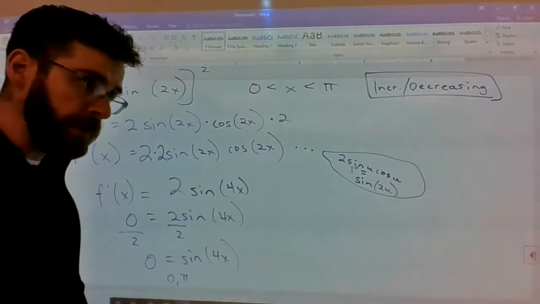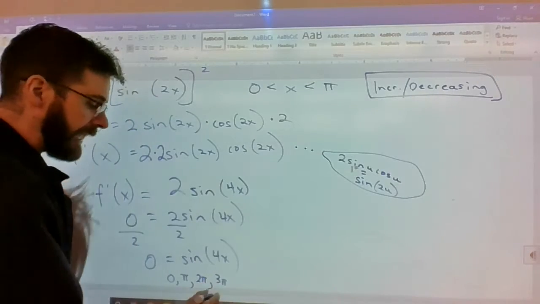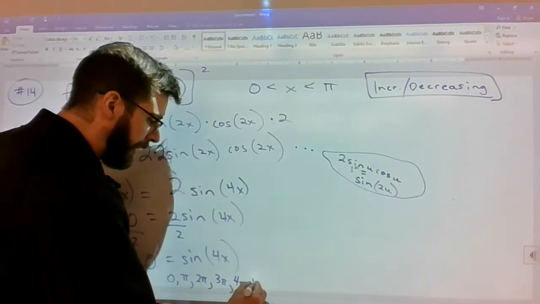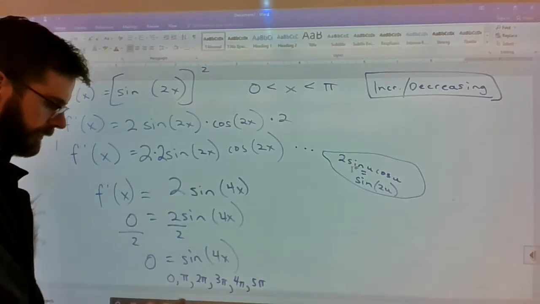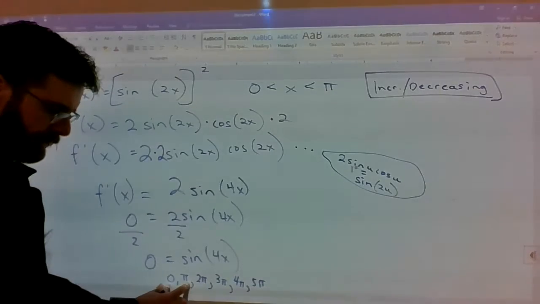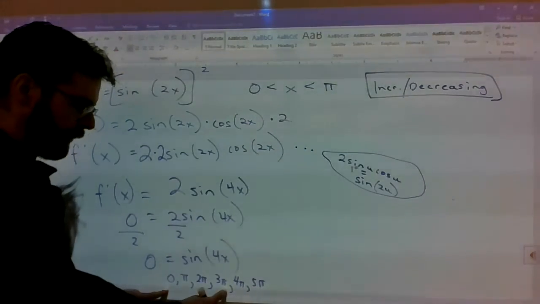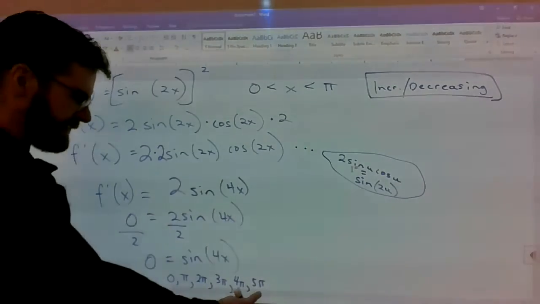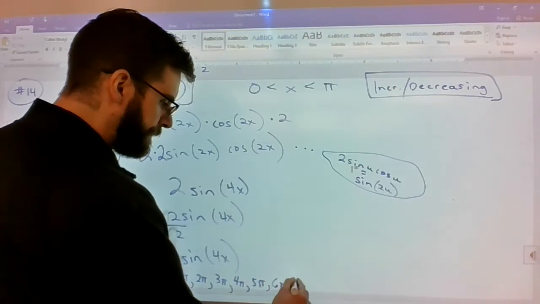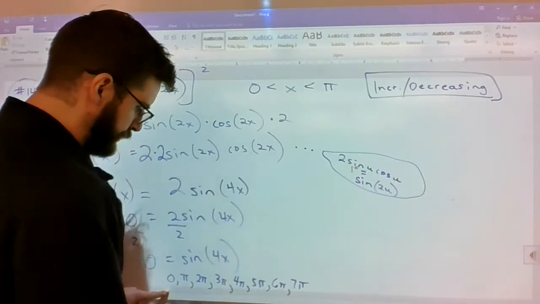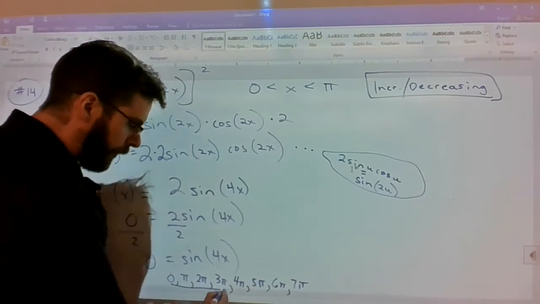But it also equals 0 at 2 pi and 3 pi and 4 pi and 5 pi. That's what it means to have 4 times the number of solutions between 0 and 2 pi. These would normally be your only solutions. This would be if it was the sine of 2x. This would be the sine of 3x, 3 times as many solutions. This would be 4 times as many solutions. And then what you do is you divide everybody by 4.